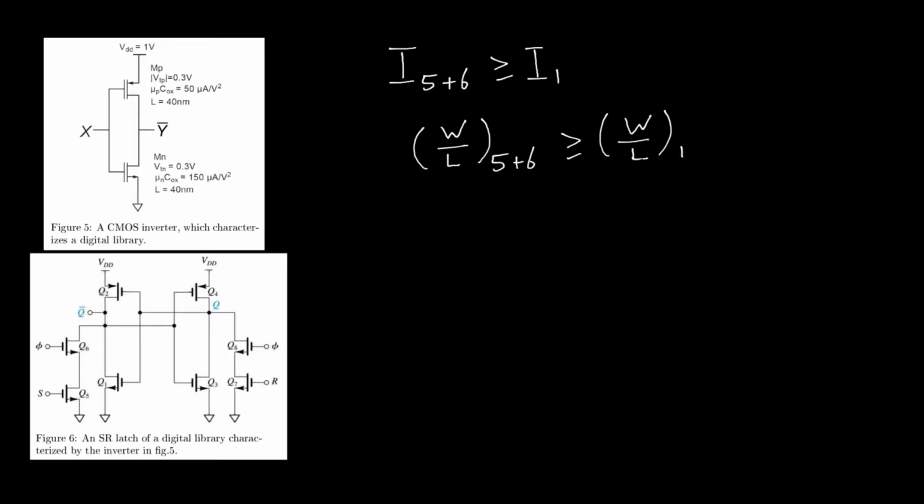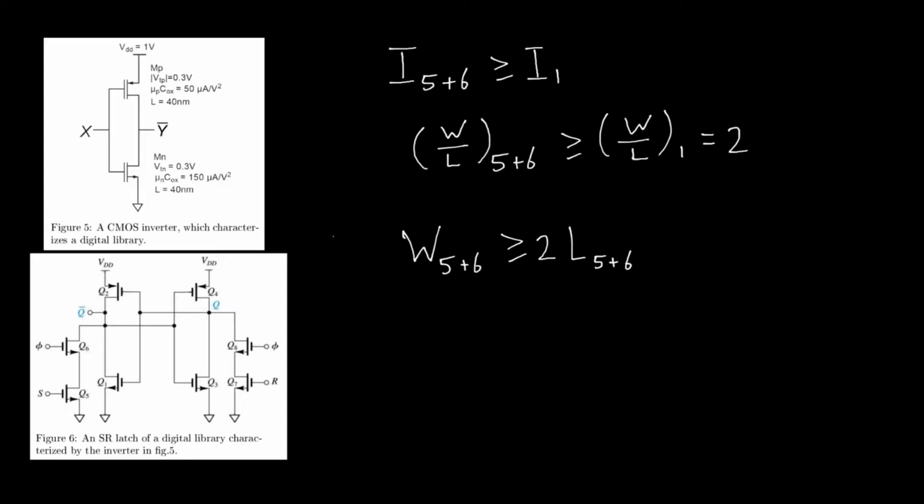The aspect ratio of transistor 1 has been given and that value is 2. That was in the question statement. So from this we know that the width of our big transistor 5 and 6 would have to be larger than 2 times the length of the channel of our transistor 5 and 6. But the length of the channel of these 2 transistors in series would be just twice the length of the channel of a single transistor.